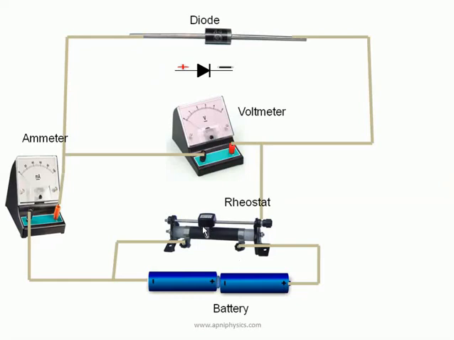Right, so now if you have to plot the VI characteristics of the PN junction diode, then vary the resistance here and note down the voltage and the current reading, again vary the resistance, note down the voltage, note down the current, and this way you can plot the VI characteristics.